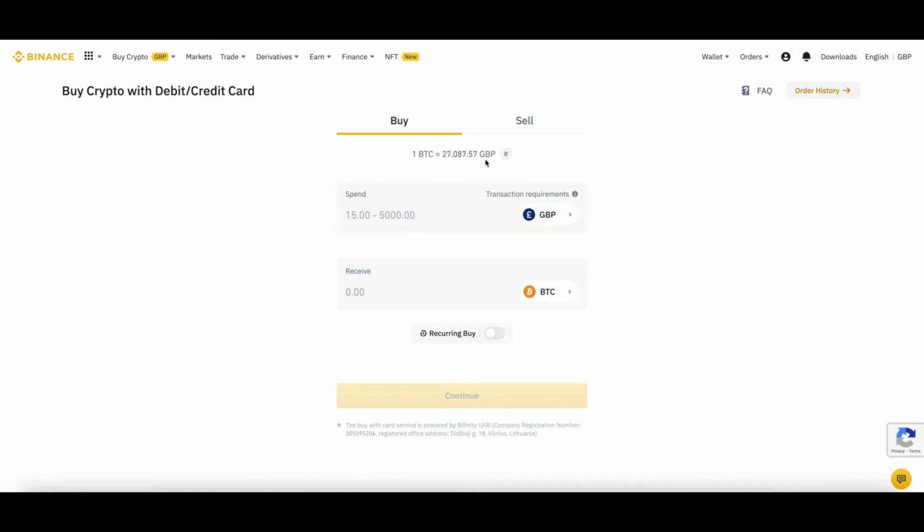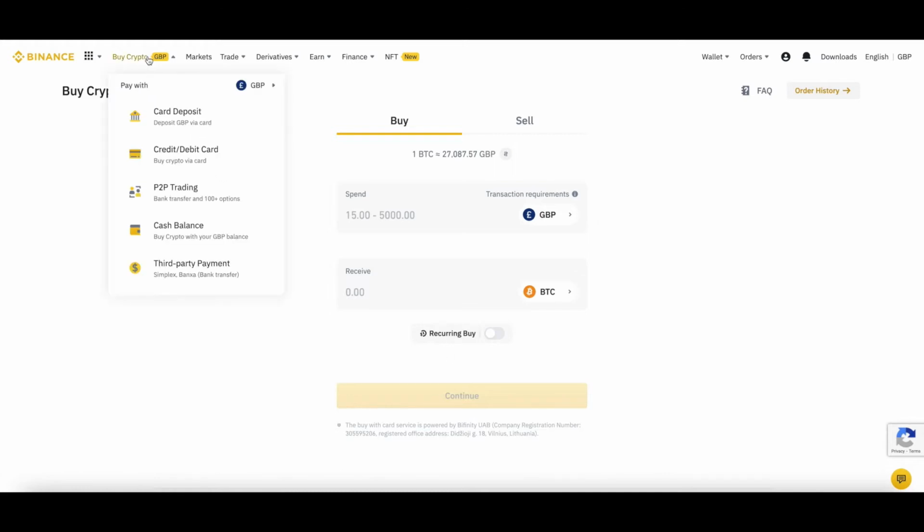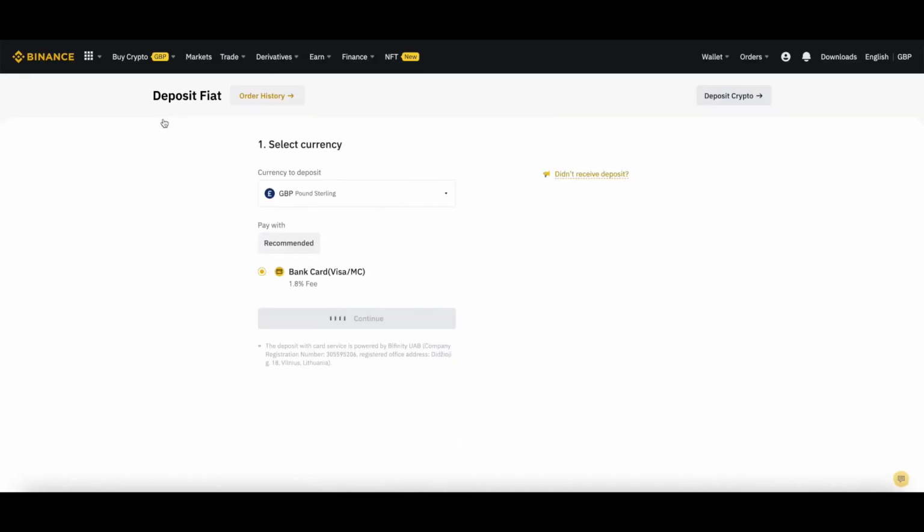Then it will change the price of one Bitcoin to represent that. And as you can see down here, there's a recurring buy as well. So you can set that up so it deposits crypto into your account weekly, monthly, however frequently you want to set it up, and it will just continuously do that straight out of your bank account.